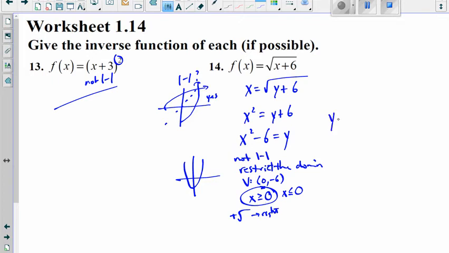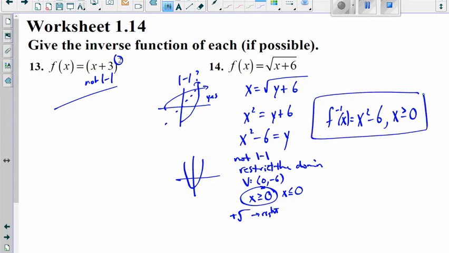Our complete answer for f inverse of x is x squared minus 6, but because that's not one-to-one, we get the domain restriction that x is greater than or equal to 0. There is the full answer that we need.